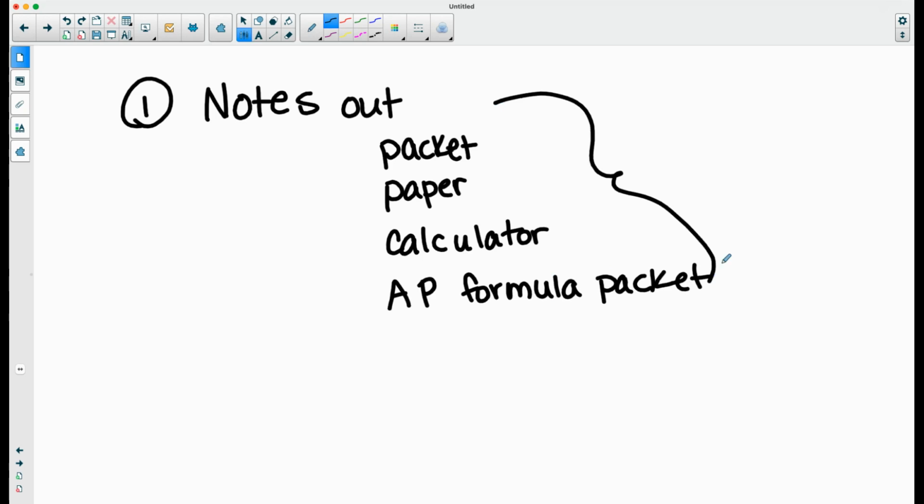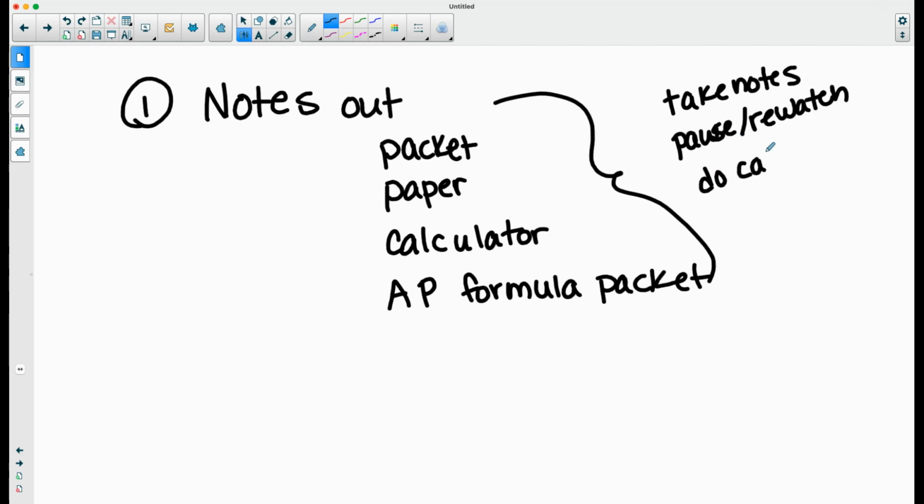You are going to participate in this the way that you would participate in class, meaning that you are going to take notes, you're going to pause and re-watch if you misunderstand something or you need help, and you are going to follow along doing the calculations as I do.